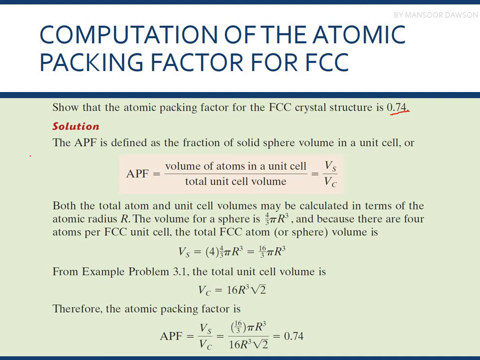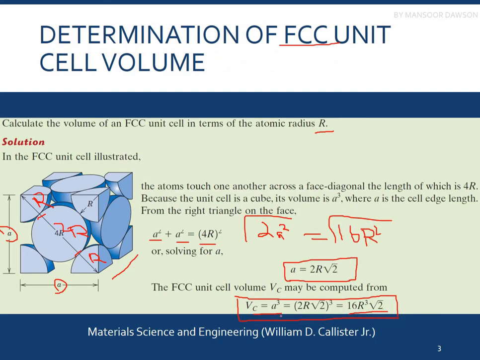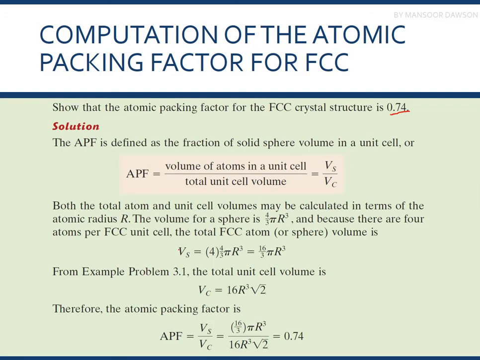The formula for APF is the volume of atoms in a unit cell divided by the total unit cell volume. We calculated the total unit cell volume in the previous problem as 16 r cubed root 2. So we'll take VC as 16 r cubed root 2. Then there is the volume of atoms in a unit cell, VS.